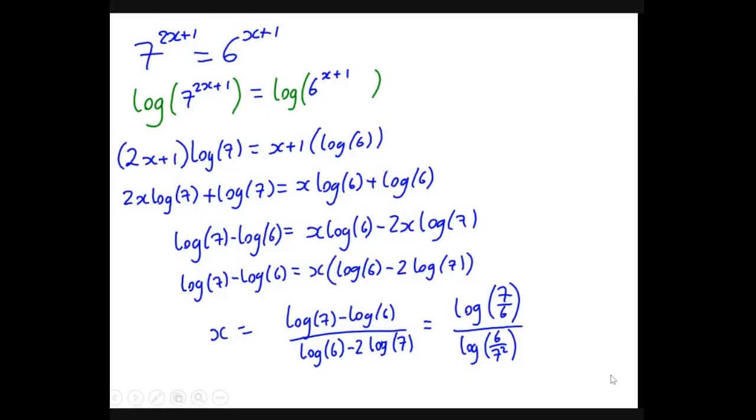If you said that -x was equal to log 6 minus log 7 over log 6 minus 2 log 7, could you then cancel out the log 6's?